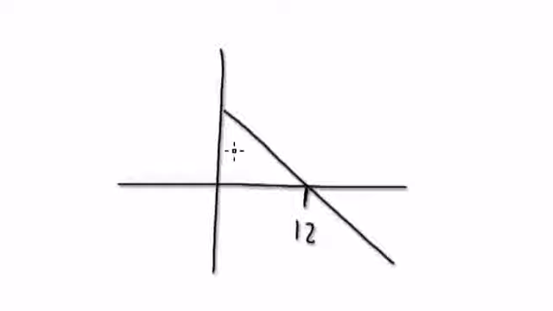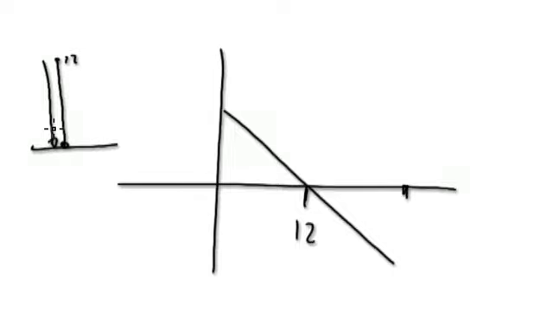Let me start again. When you have your velocity time graph, if it takes 12 seconds to get to its maximum height, then it would take 12 seconds to hit the ground again. I know it sounds a bit strange, but it's true.